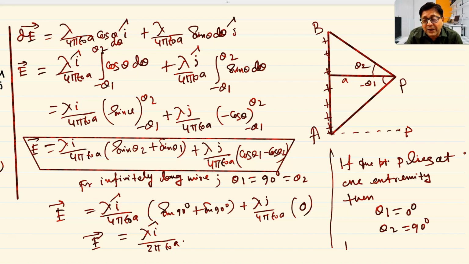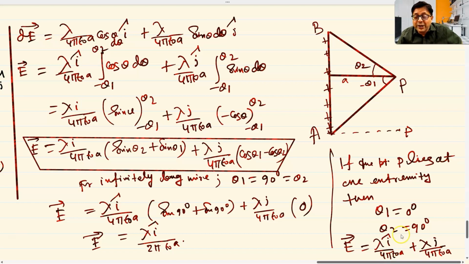So just get the value of E from this calculation. You just put theta 1 as 0, theta 2 as 90. So lambda i by 4 pi epsilon-0 a times, sin 90 plus sin 0, and here lambda j by 4 pi epsilon-0 a.